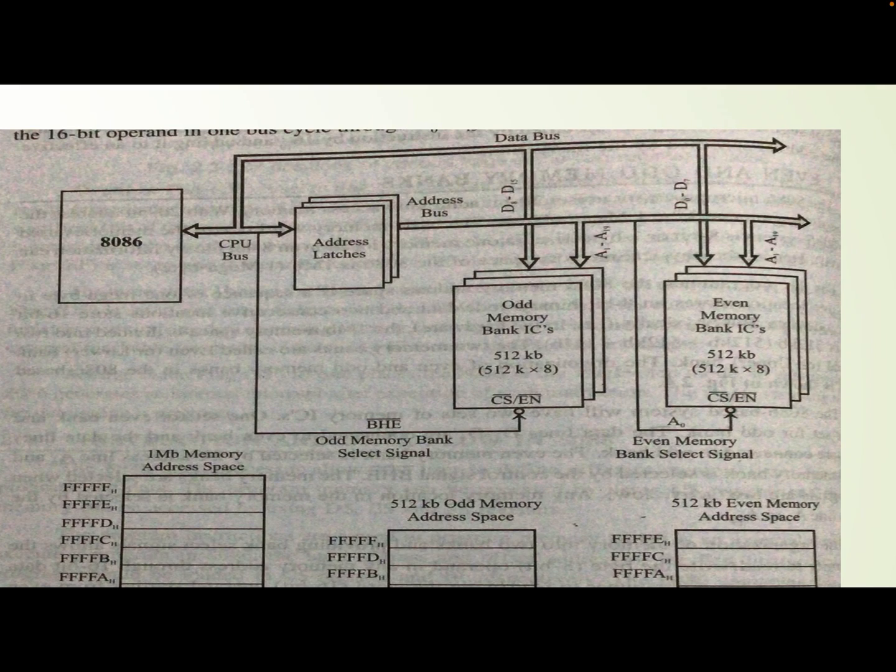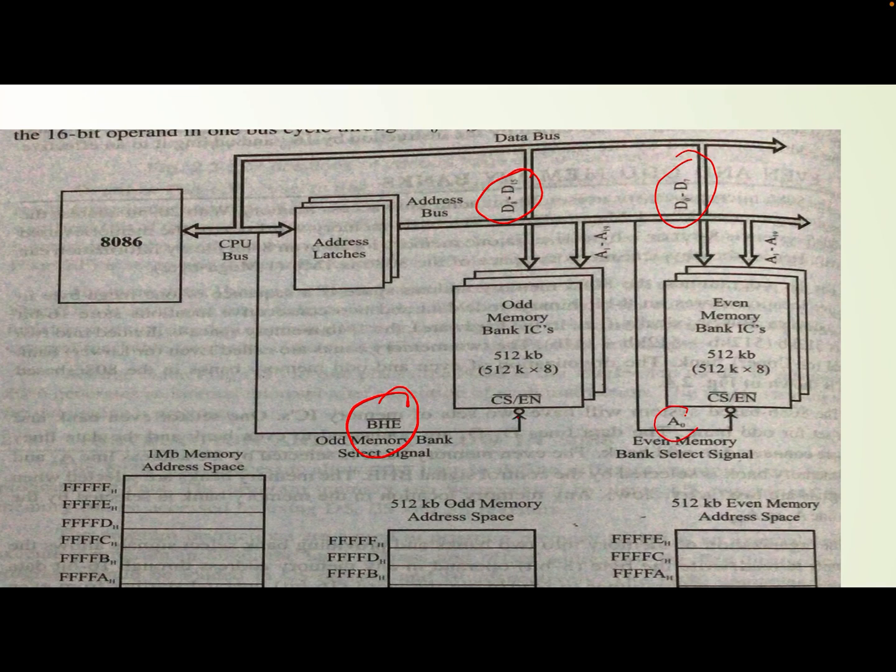Now the odd memory is connected by the data lines D8 to D15, whereas the data lines D0 to D7 are connected directly to the even memory bank. So the data lines are split, and each set of lines is connected to each memory bank.